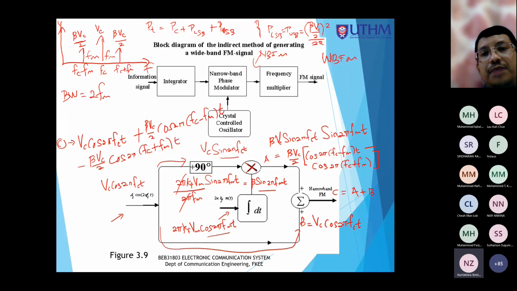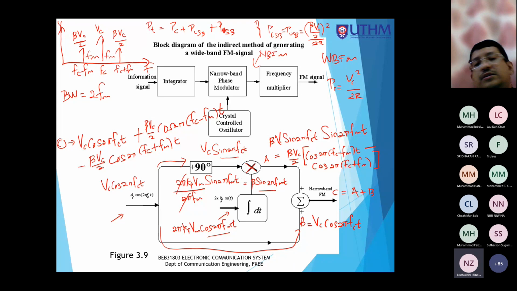So this is for the power of the lower sideband. And for the carrier power PC, same equation, VC square over 2R.